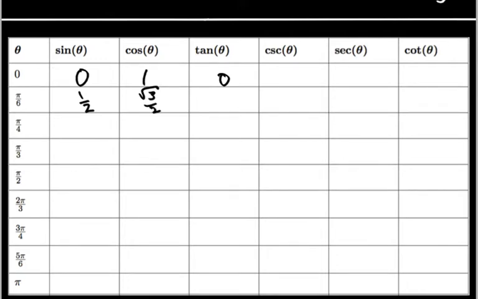So I'm just going to fill out sine and cosine first, and then from there we're going to get everything. 1 over square root of 2 for both the x and the y here. Pi over 3, our y value is square root of 3 over 2. Our x value is 1/2. For pi over 2, our y value is 1, x value is 0.